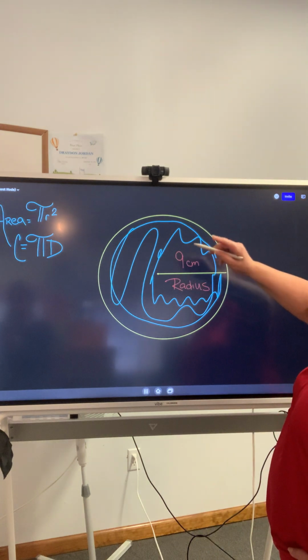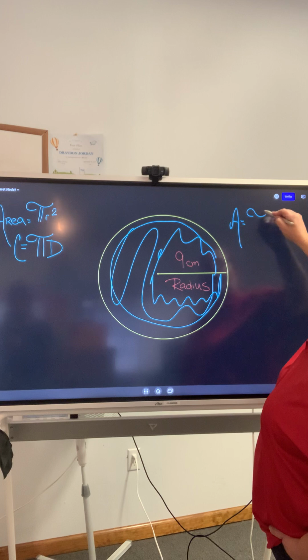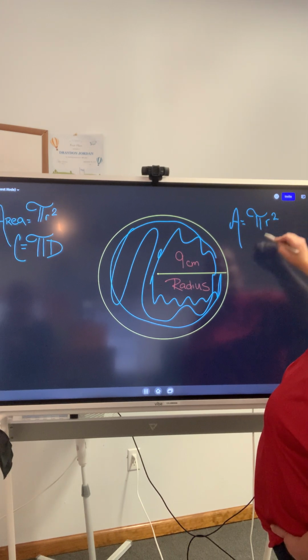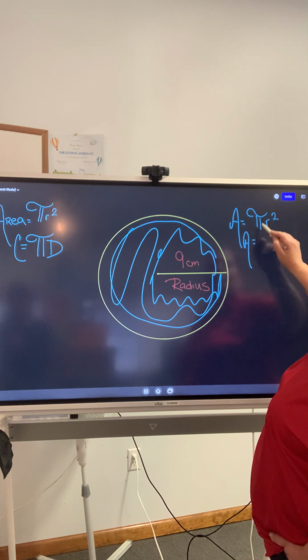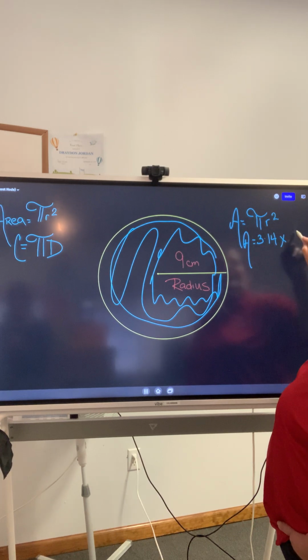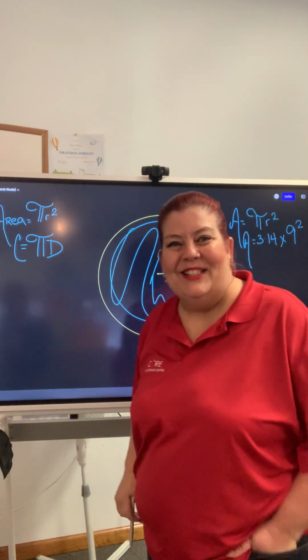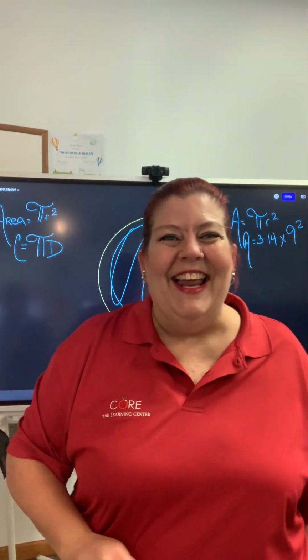So if we're looking first for our area equals pi times radius squared, and I'm just gonna substitute. My pi is 3.14 times 9 squared. Can anyone take a guess of what 9 squared is? 9 times 9? That's right, 81.